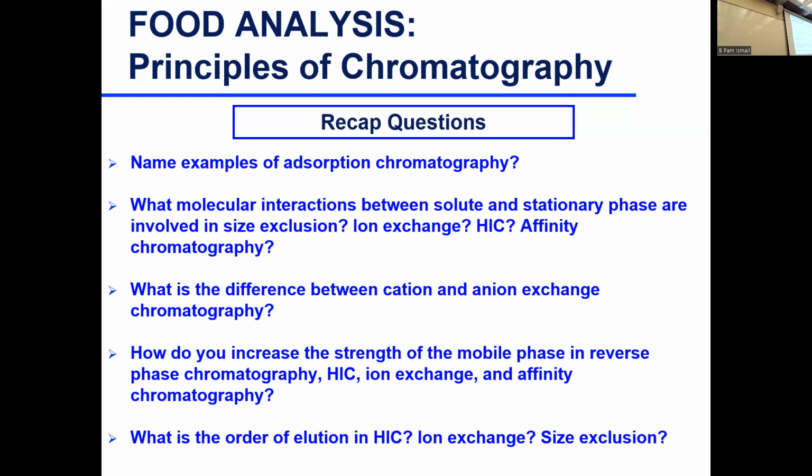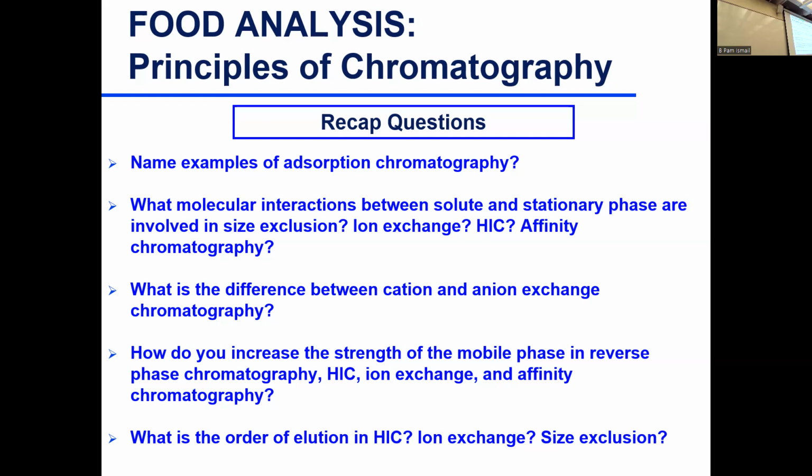Okay. Under absorption chromatography, you guys remember what could be counted as absorption, absorbed to the stationary phase via particular molecular interaction. Thank you, Carolyn. Affinity chromatography can be considered absorption chromatography, ion exchange chromatography, hydrophobic interaction chromatography.